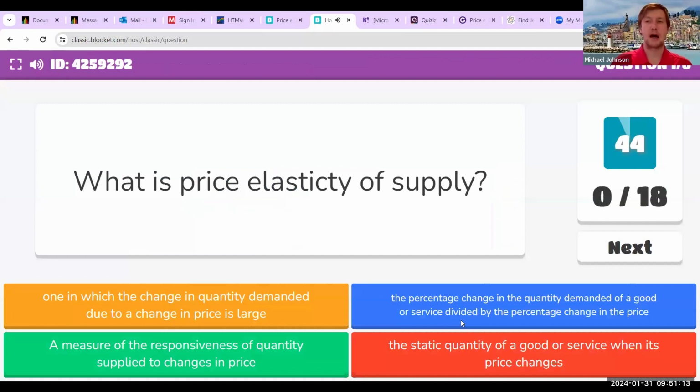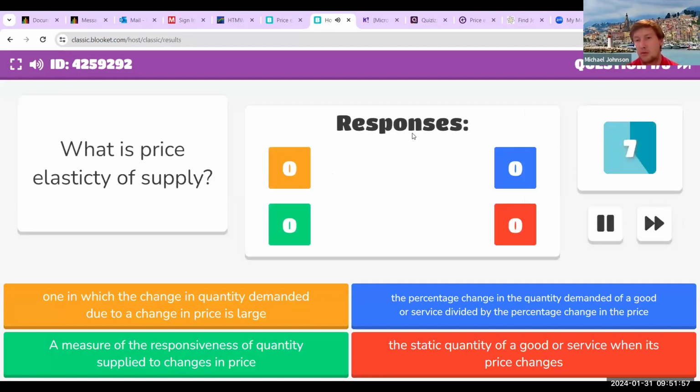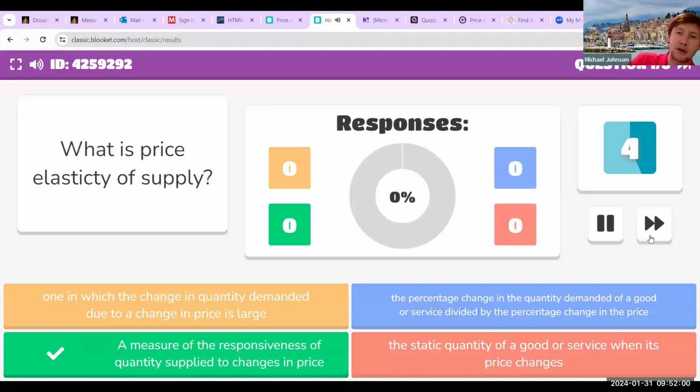So what is price elasticity of supply? A measure of the responsiveness of quantity supplied to changes in price.